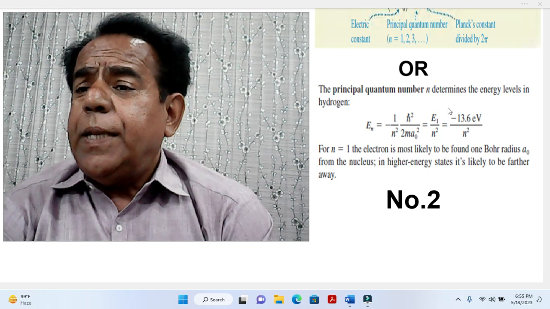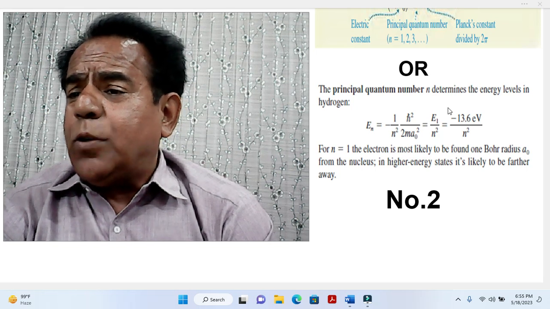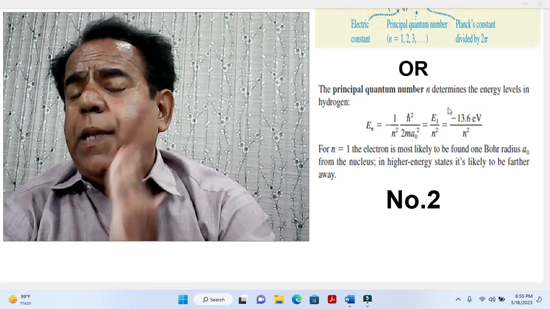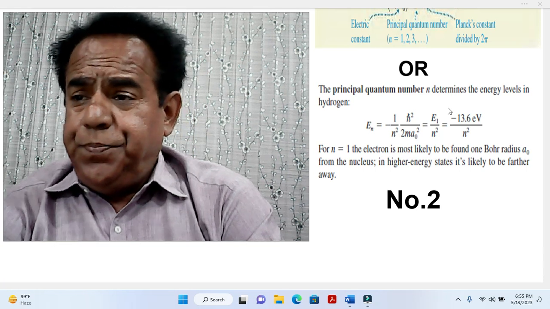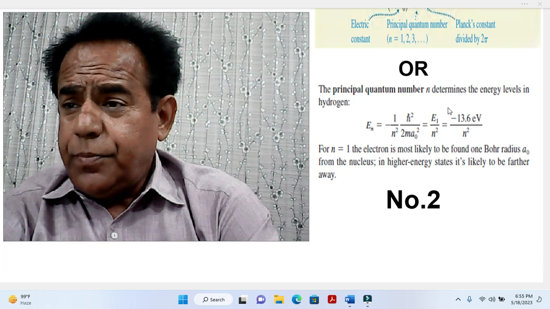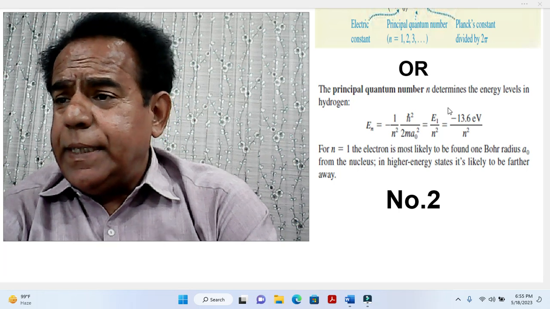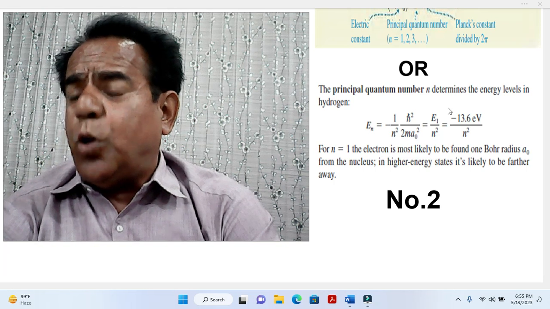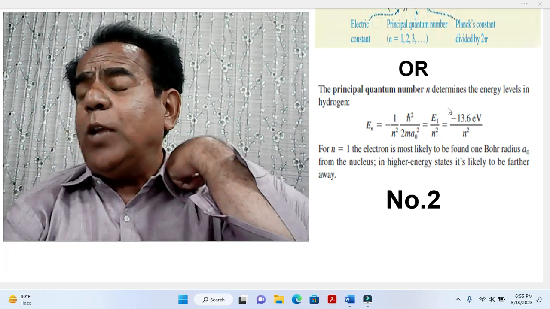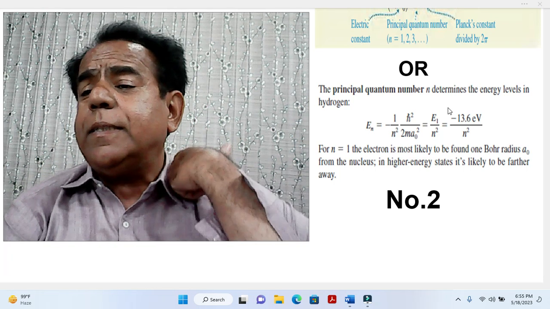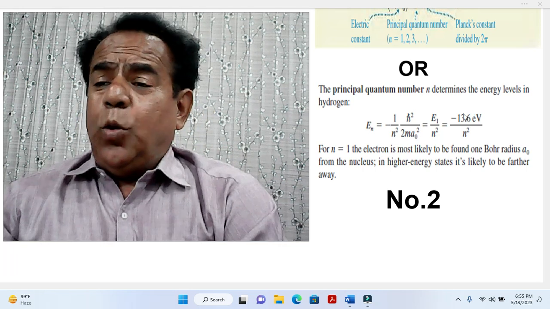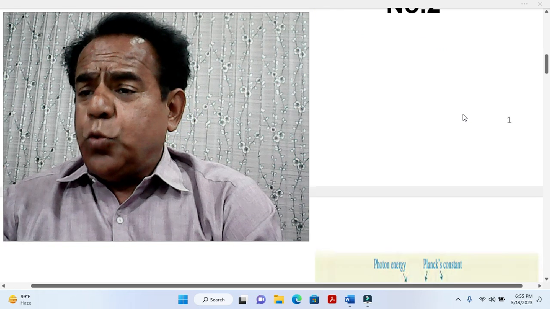When n is equal to 1, the electron is most probably located at the Bohr radius, which is denoted by a naught, and its value will also be given in some other tool hereinafter. Now we move to tool number 2.